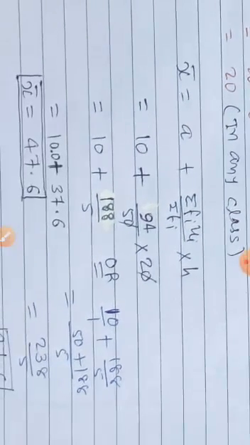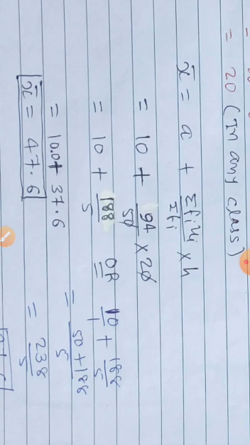So 0 0 cancel out, left is 94 times 2 is 188, and in the denominator it is 5. So 188 upon 5, converted into decimal, is 37.6. So 37.6 plus 10. The first number was an integer, but that was converted into decimal, so 10.0 plus 37.6 becomes 47.6.